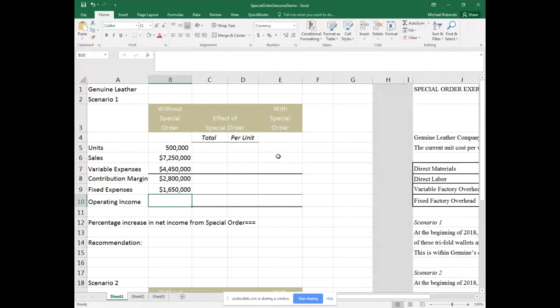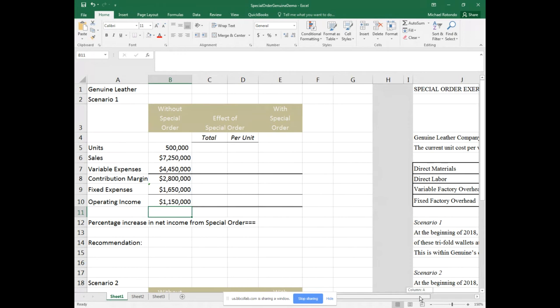So our operating income without the special order is going to be the $2,800,000 minus the $1,650,000, giving us $1,150,000. What we have to do now is take a look at whether we would increase our net income from the special order. We would also maybe look at qualitative issues, like is this a good customer? Do we need to keep their business, etc.